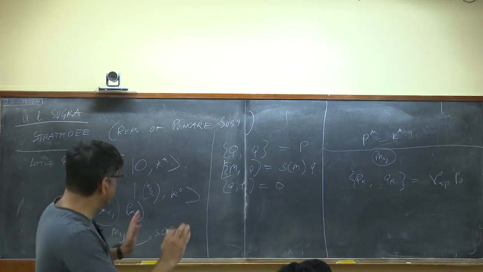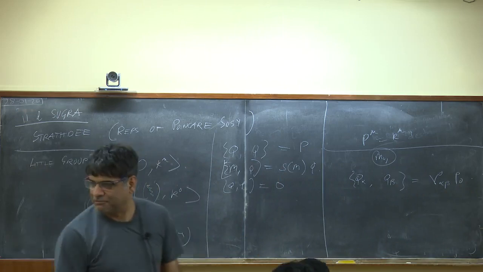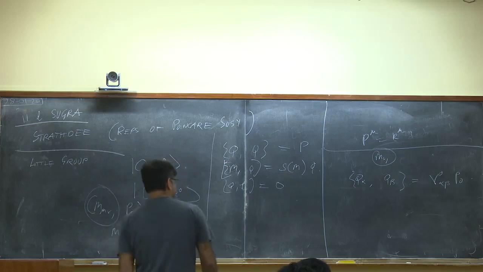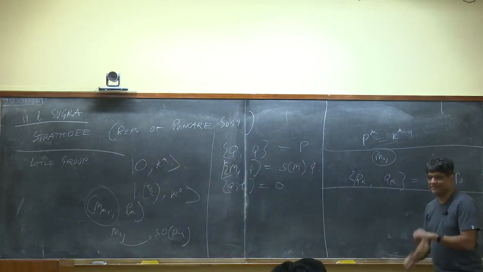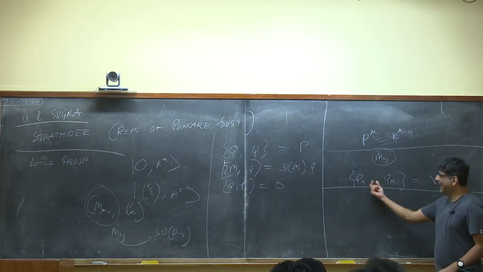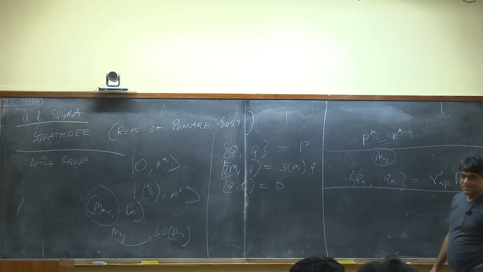Roughly, exact details depend on different dimensions, but roughly this is a schematic form of this commutation relation. Now what you see here is that this object is like a Clifford algebra.